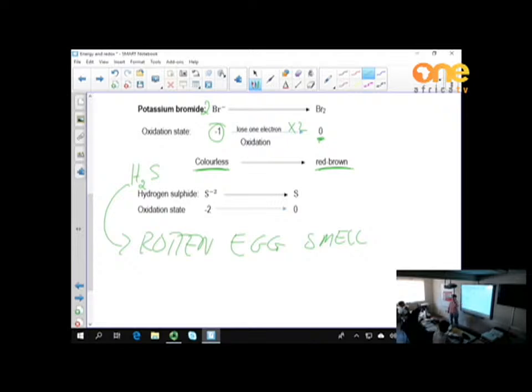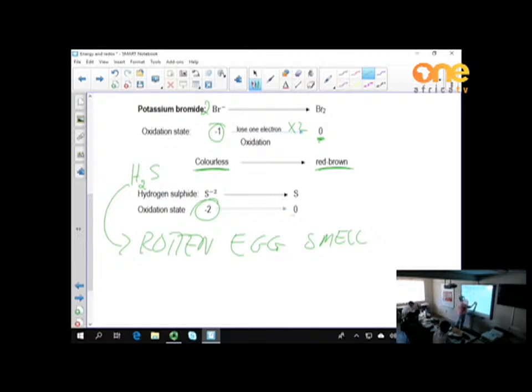We can't see it, but we can very definitely smell it. So, if they tell you a smelly gas, which 2 smelly gases do we work with in our syllabus? Ammonia and hydrogen sulfide.